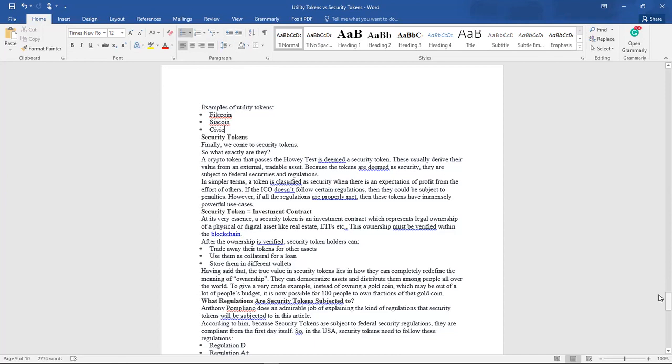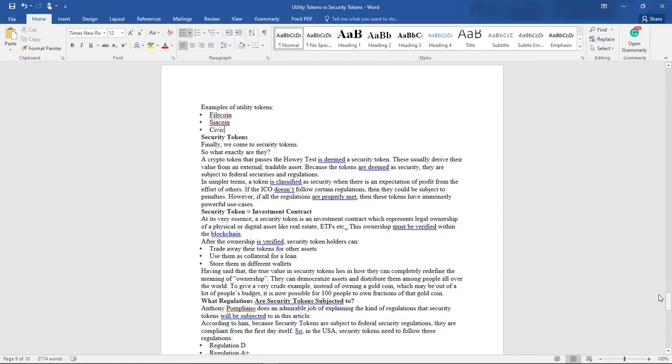Because the tokens are deemed securities, they are subject to federal securities regulations. In simple terms, a token is classified as a security token when there is an expectation of profit from the efforts of others.